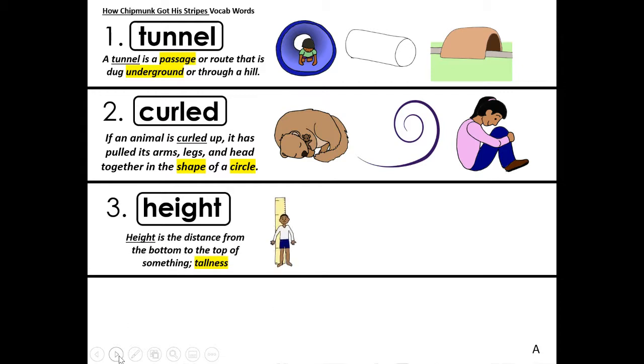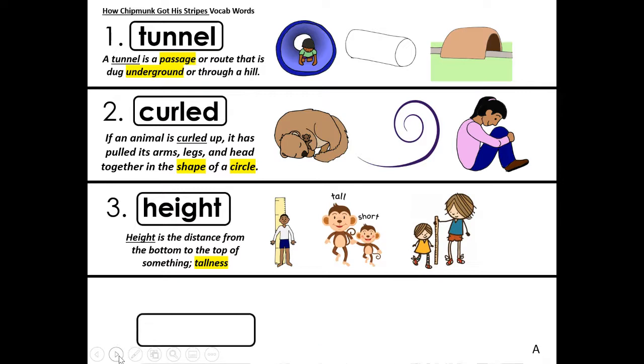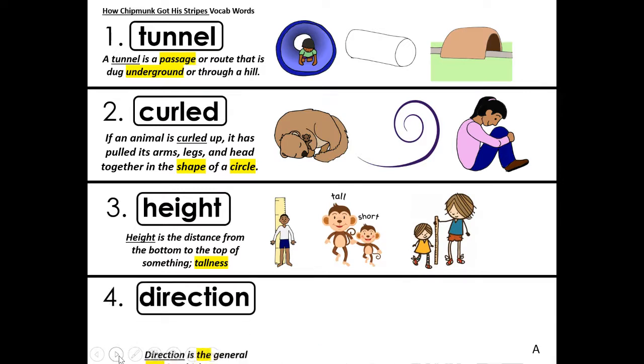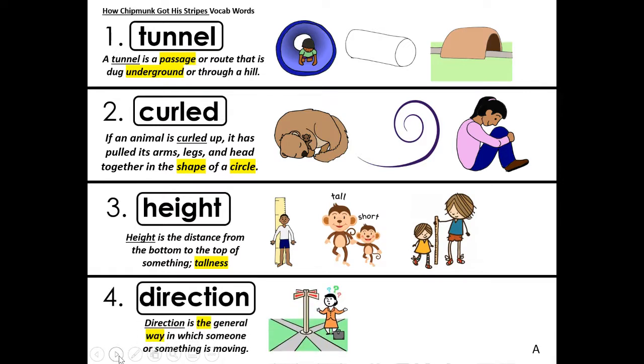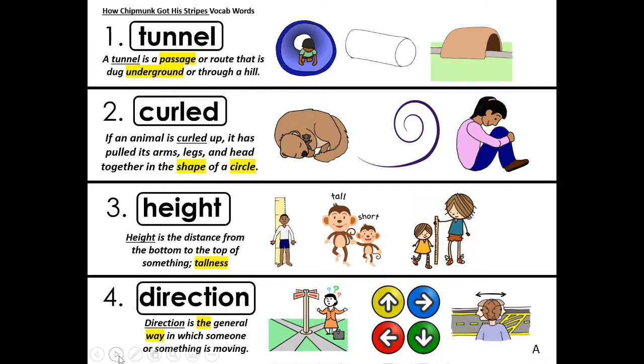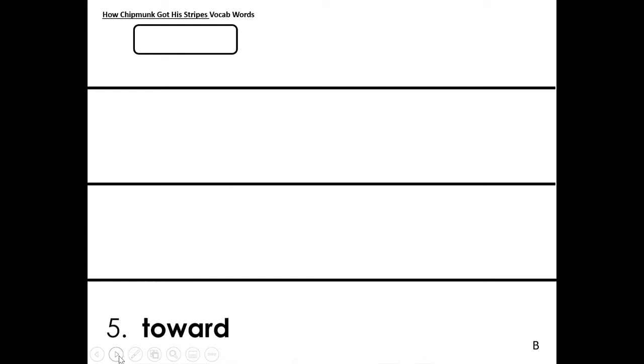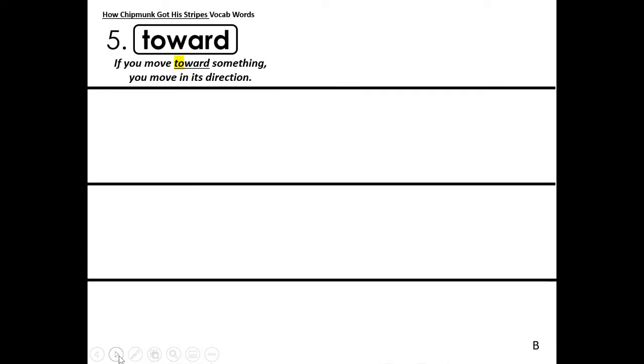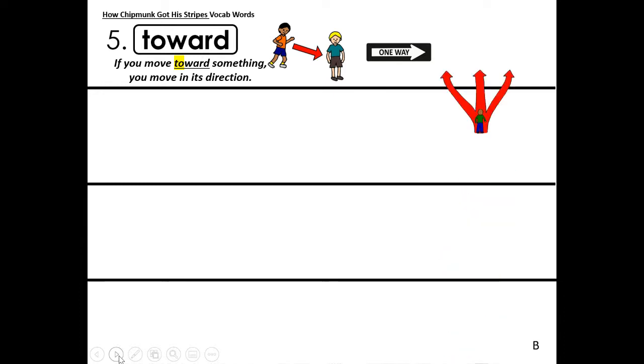Height is the distance from the bottom to the top of something, the tallness. Number 4, direction. Direction is the general way in which someone or something is moving. Direction. Number 5, toward. If you move toward something, you move in its direction.